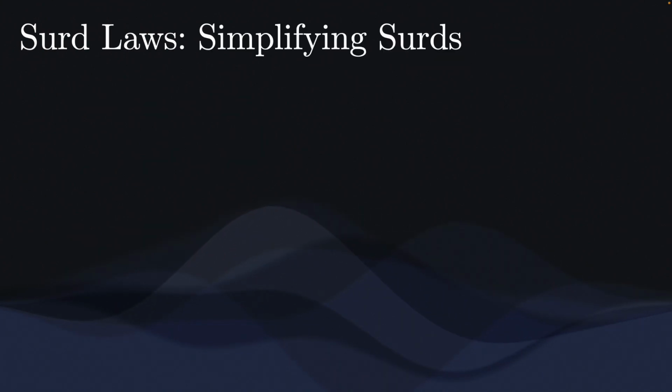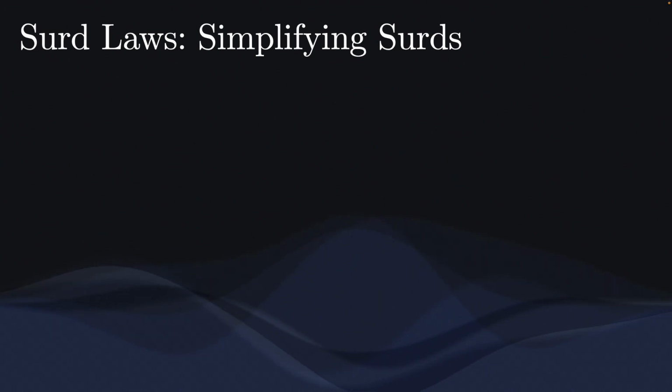Now, let's move on. In your exams, especially in your paper ones, which are your no calculator papers, they'll sometimes ask you to give an answer in its simplest form.